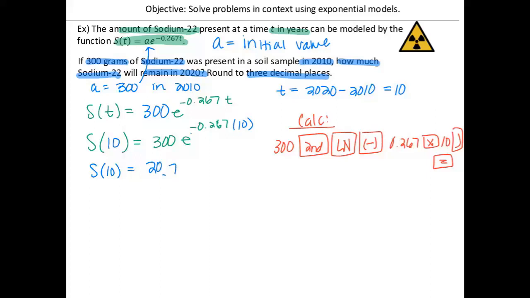So 20.775. Okay, good, because it does say round to 3 decimal places. So then you would write a sentence.